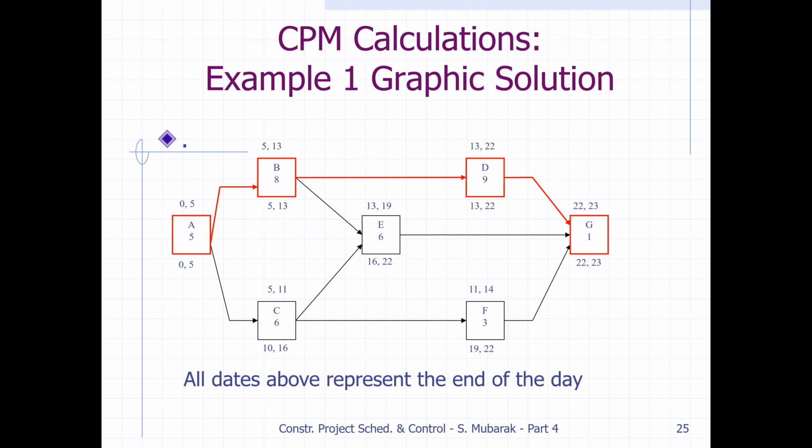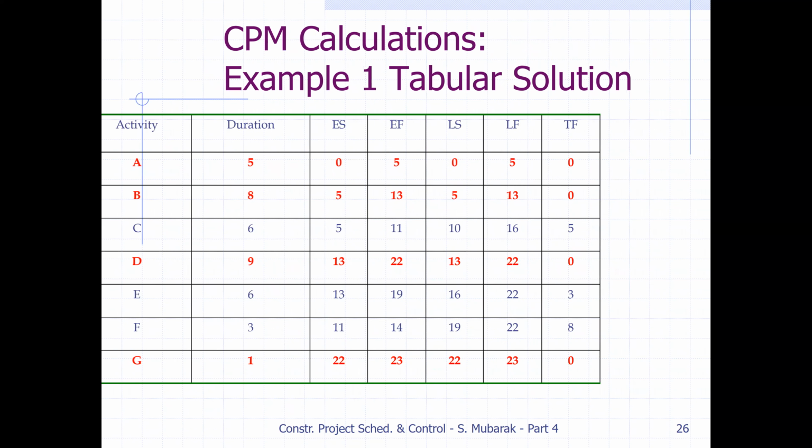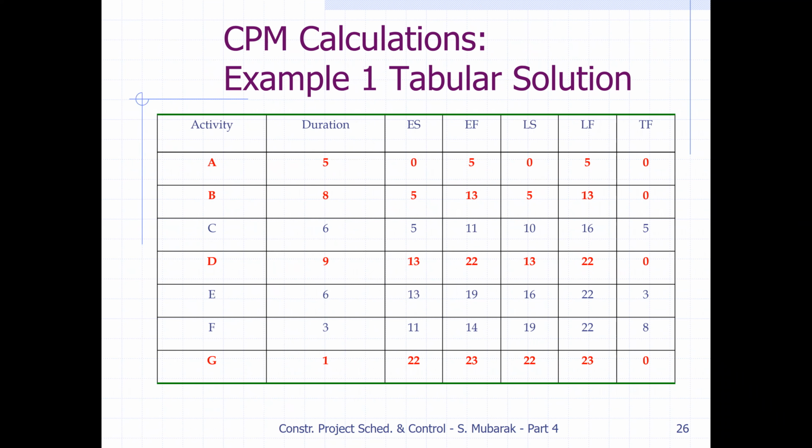For the other activities, we can find the total float: here 10 minus 5 is 5, 16 minus 13 is 3, and for activity F, 19 minus 11 is 8. This is the total float for the other activities. With this, we have completed the CPM calculation for this example.